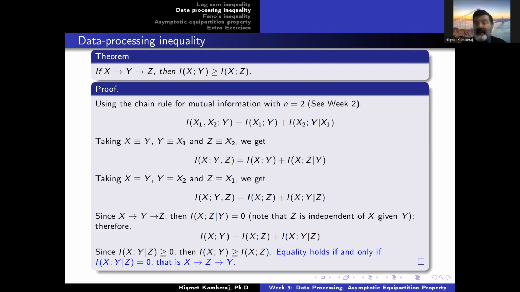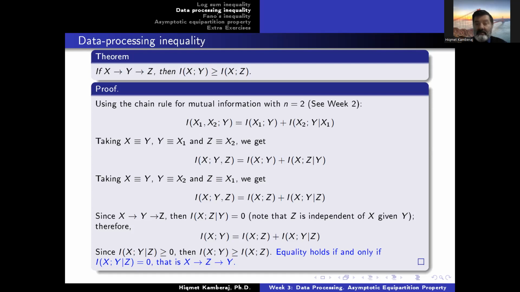So this means I have x1, x2. Then the mutual information between x1, x2, and y is equal to the mutual information between x1 and y plus the mutual information between x2 and y given x1.